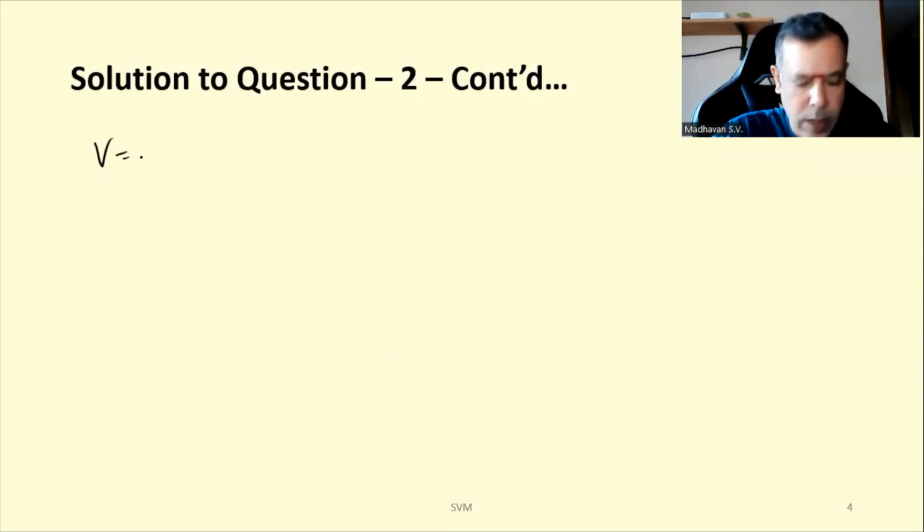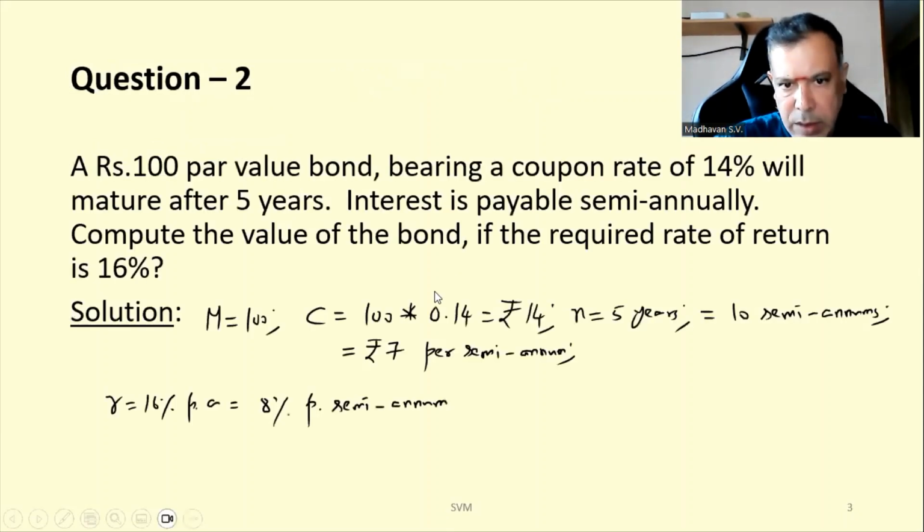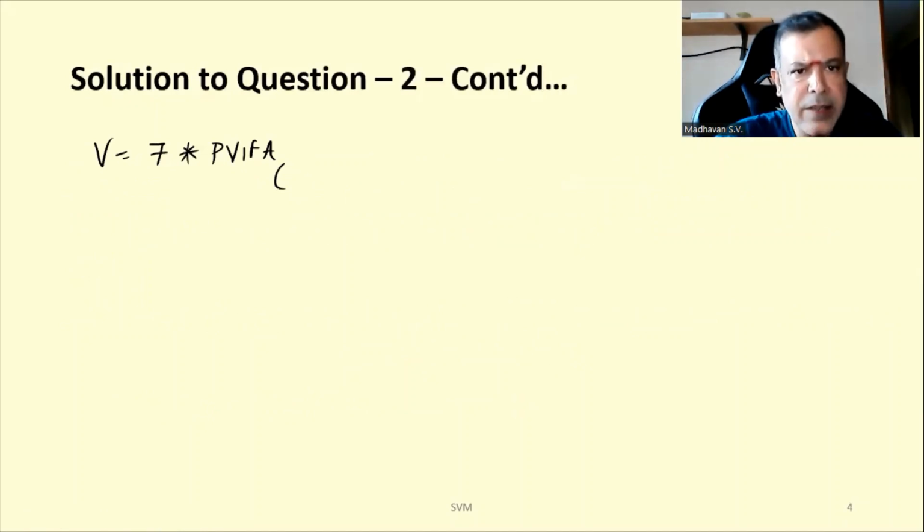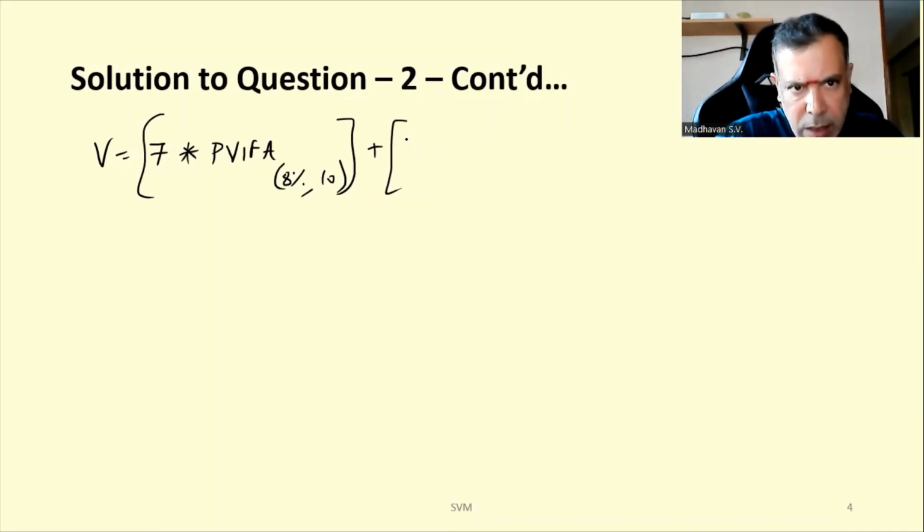V is equal to 7 times PVIFA of 8%, 10 semi-annums, plus M, which is 100, times PVIF of 8%, 10 periods.